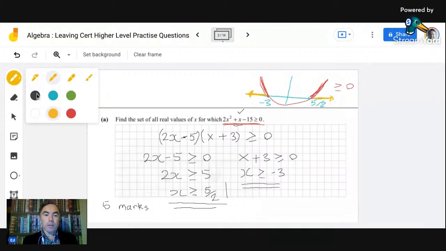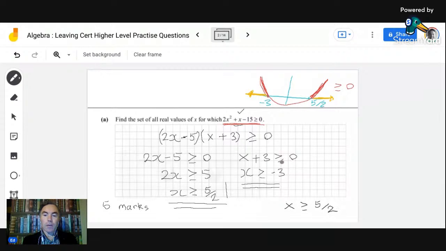So now let's put all this together in a range. So x is going to be greater or equal to 5 over 2, and you guessed it, less than or equal to, so the less than is on the side of the x, and negative 3 goes over here.